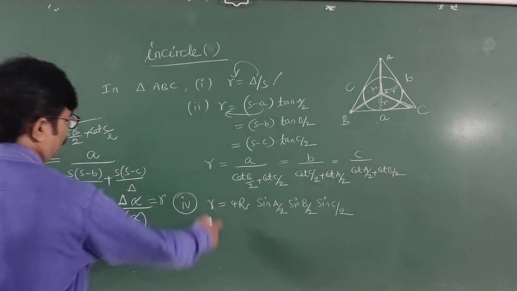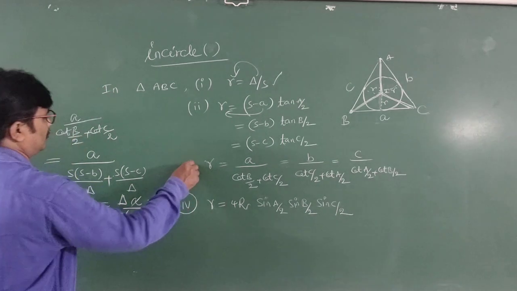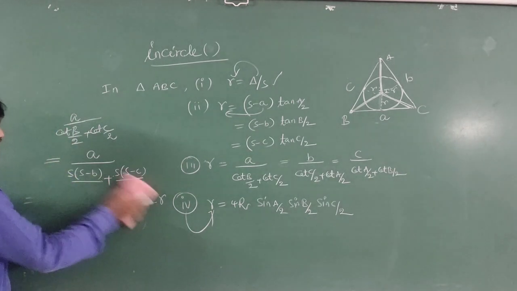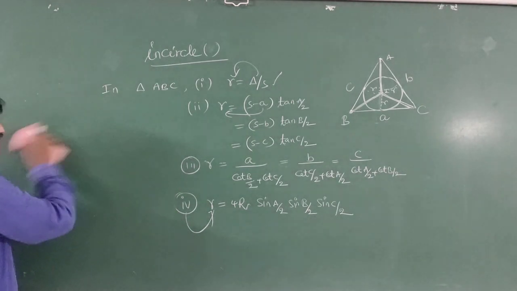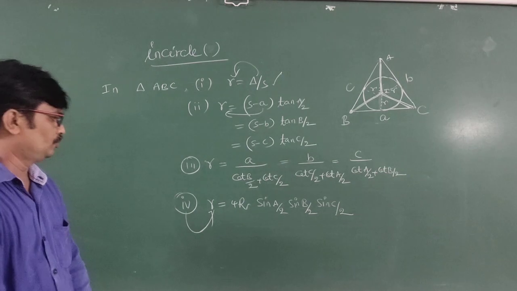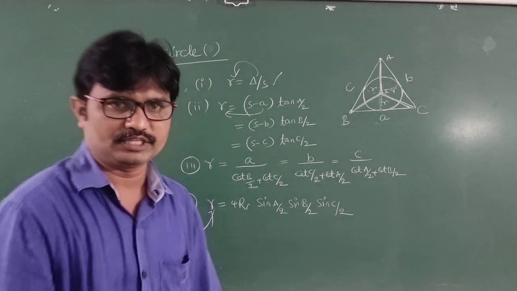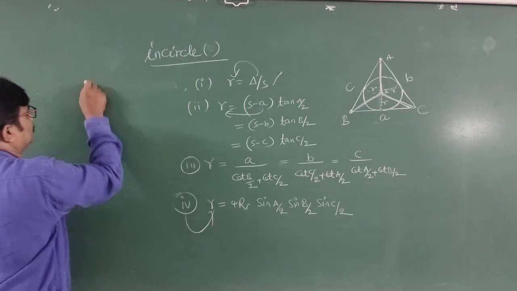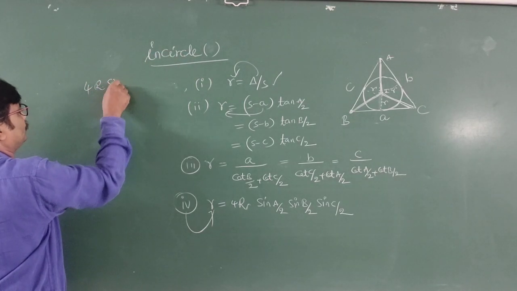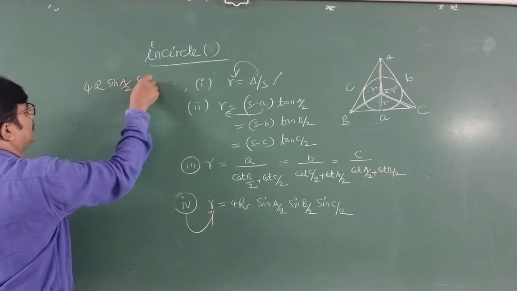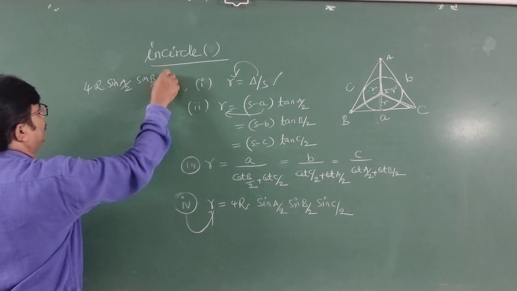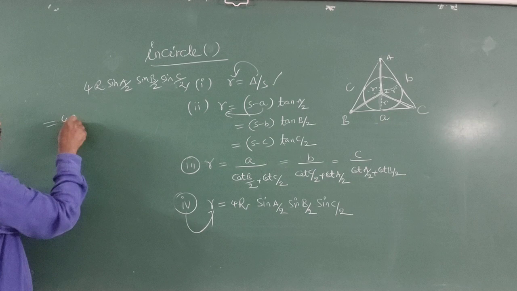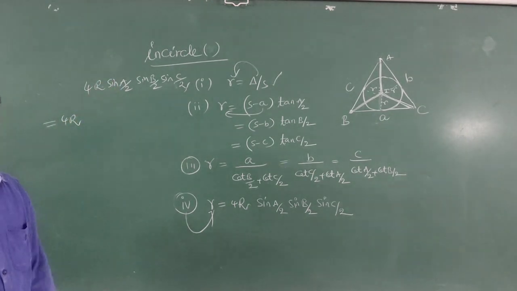Okay students, now we have to prove the fourth one. Small r equals 4R sin A by 2 sin B by 2 sin C by 2. Now students, 4R sin A by 2 into sin B by 2 into sin C by 2. What is sin A by 2?